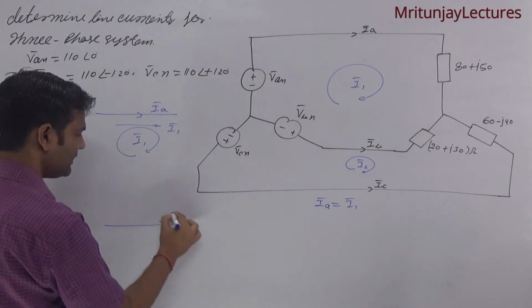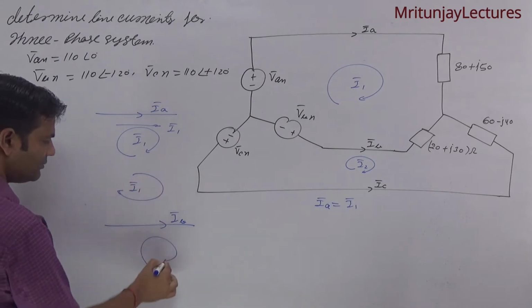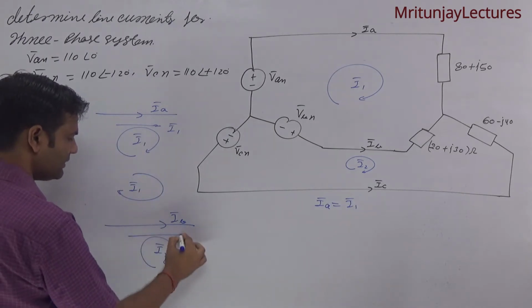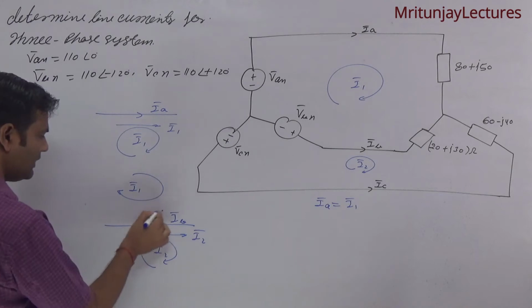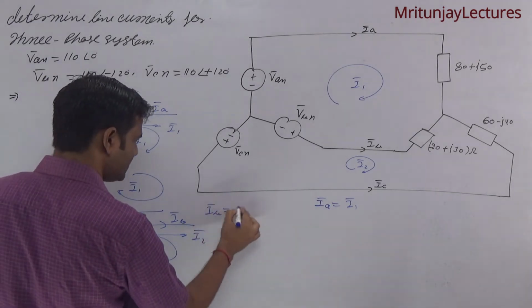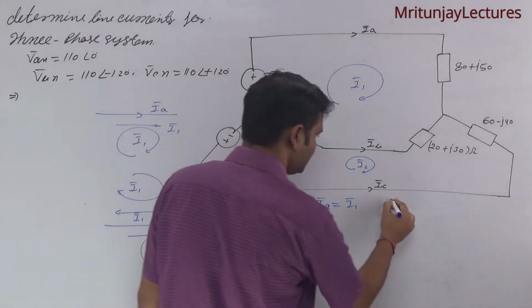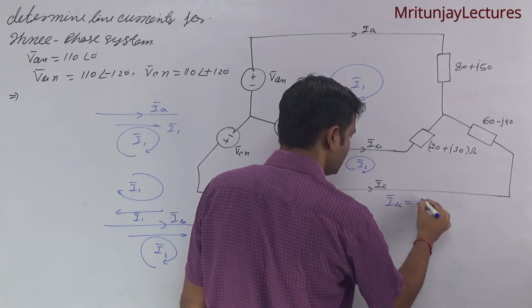This is branch current IB, loop current I1 like this one, I2 loop current like this one, I2 here, I1 here. So IB is written as I2 minus I1, clear?